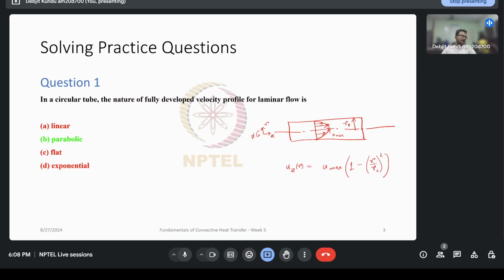So as you can see, if r equals r naught, then this becomes 1 and 1 minus 1 becomes 0.